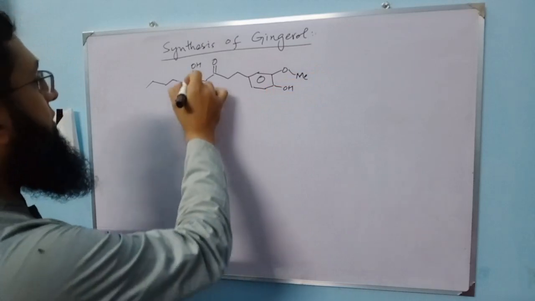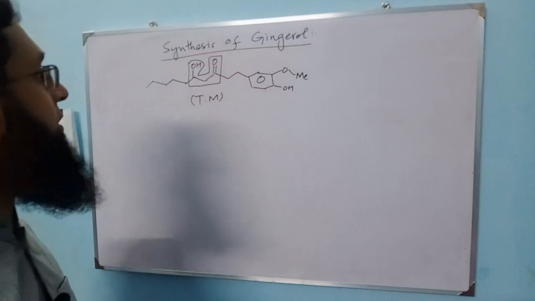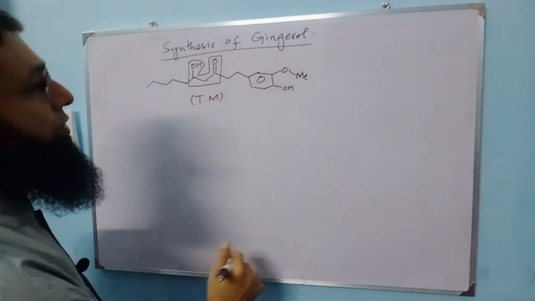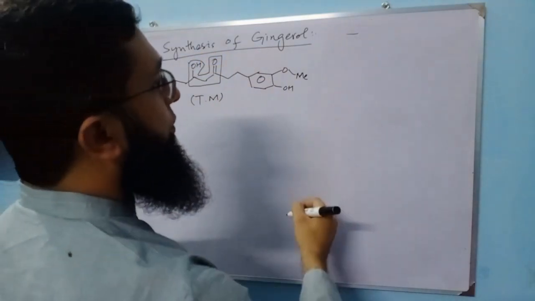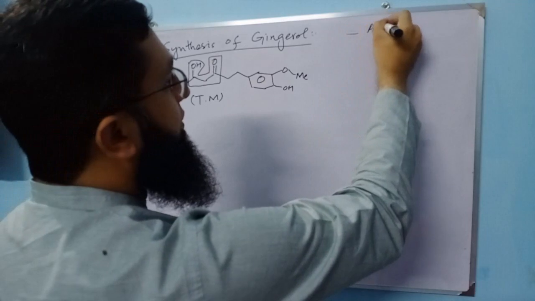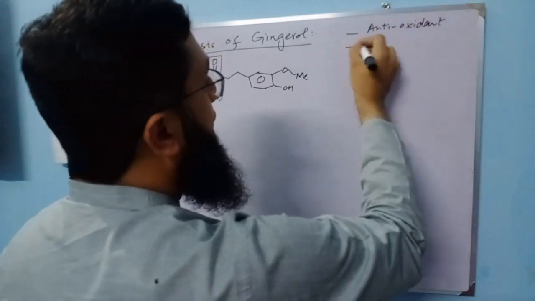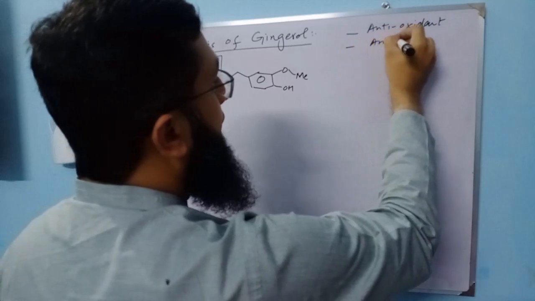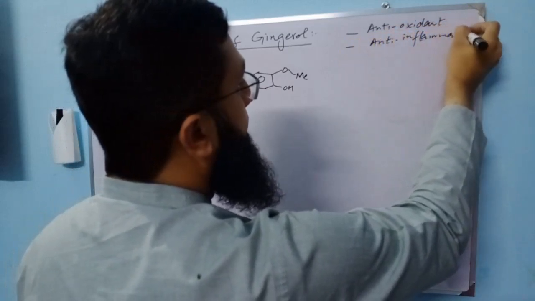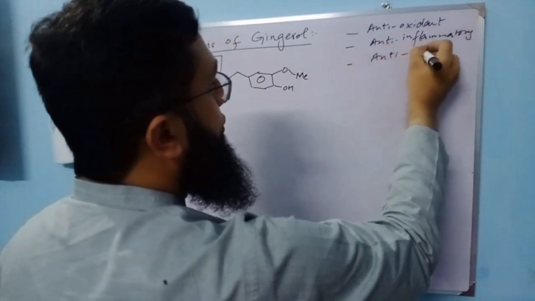This molecule has again the same functionality we discussed in our previous lecture. Gingerol is a natural product which occurs in ginger, and it is known to possess antioxidant properties as well as anti-inflammatory activity and also anti-tumor activity.